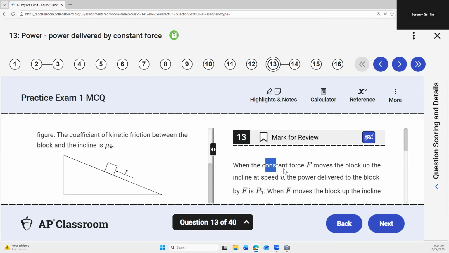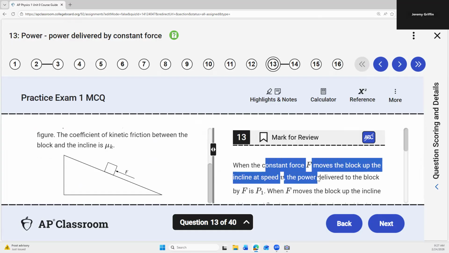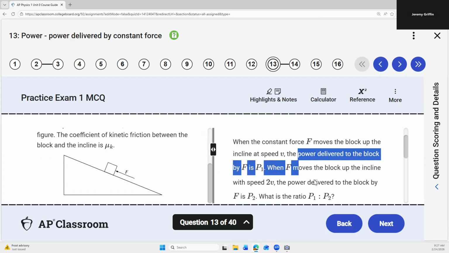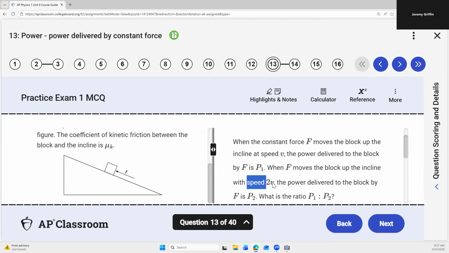When the constant force F moves the block up the incline at speed v, the power delivered to the block is P1. When the block is moved up the incline with speed 2v, double the speed, the power is P2. What's the ratio P1 to P2?